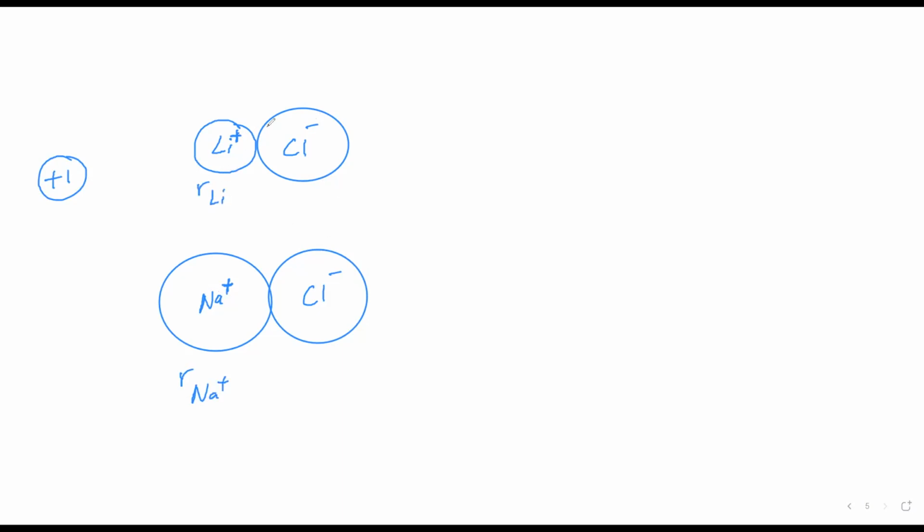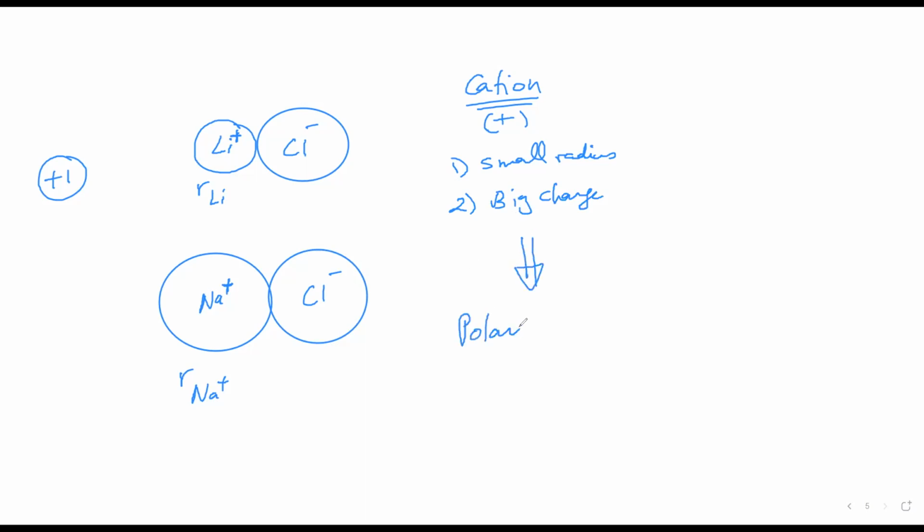Now, what happens when we have a small radius and a big charge? For cations, which means the positive ions, if we have a small radius and a big charge, we say that the polarization power increases.